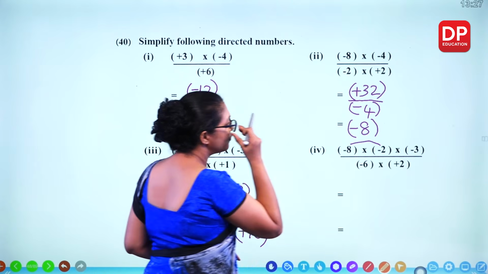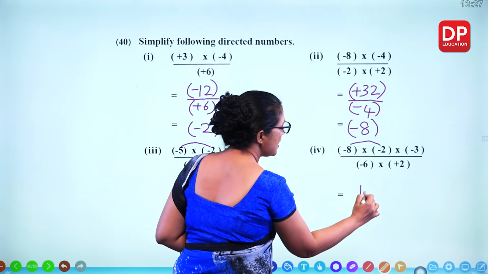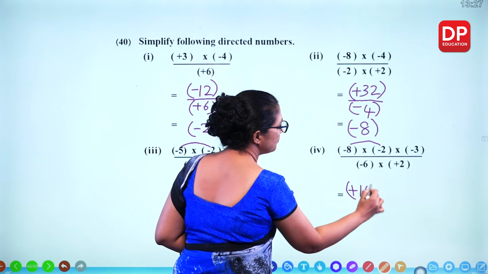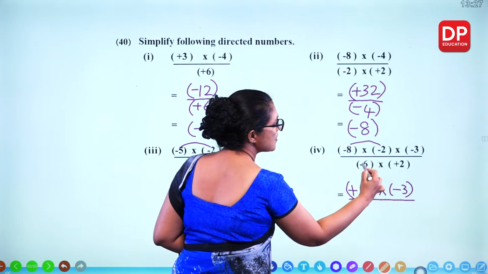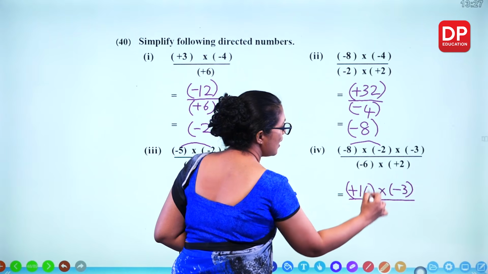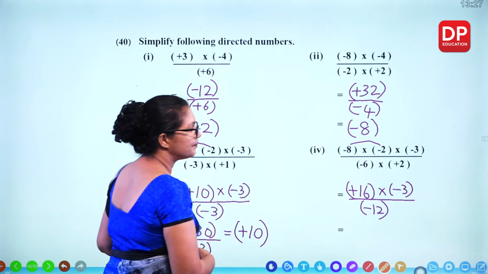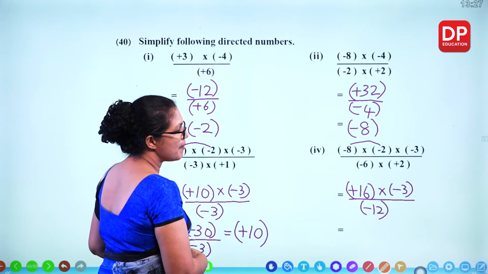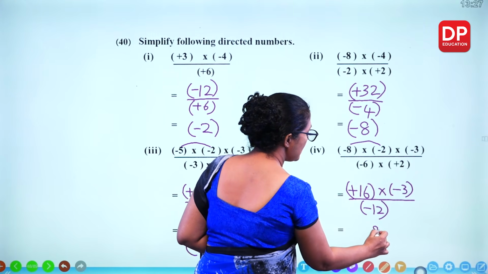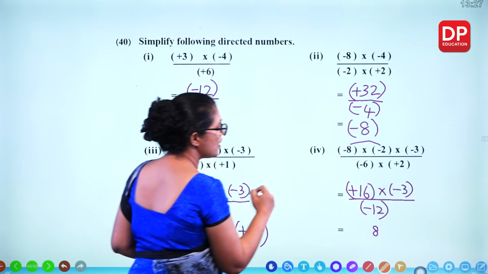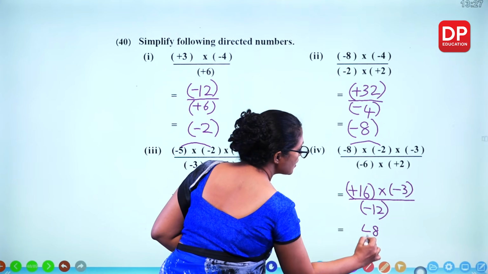This one. We'll do these two. 8 times 2, 16. That's positive. And multiplied by a negative value. Here, 6 times 2, 12. And you get a negative answer. Now, numerator multiply. You get 3 times 6, 18, 1 remaining. 3 times 1, 3 plus 1, 48.